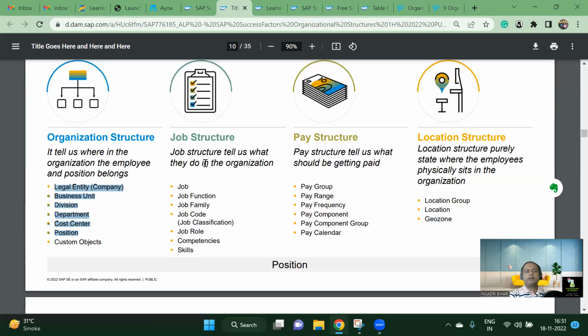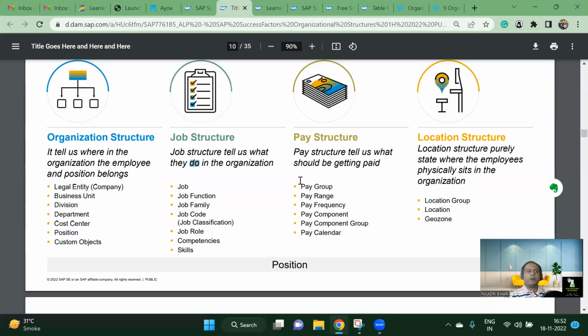Similarly, when it comes to job, job structures talk about what people do in the organization. So org structure says where the employee and position belong, but job structure says what they do in that particular structure. It is all about doing different activities. Again, in job structure we have different hierarchies. We have a job family.